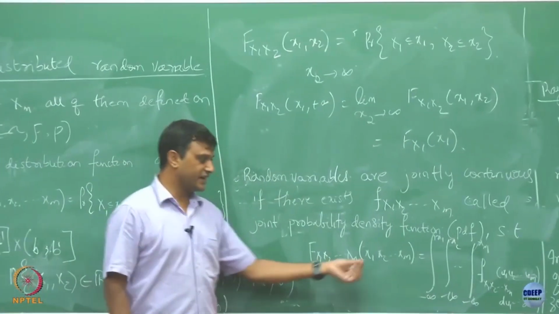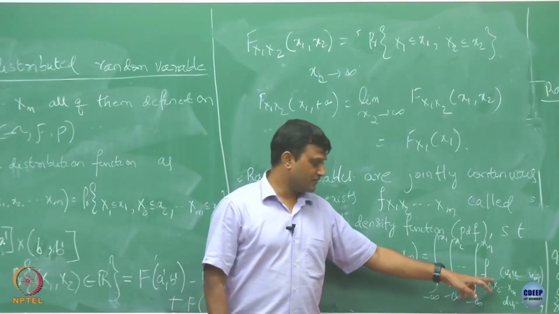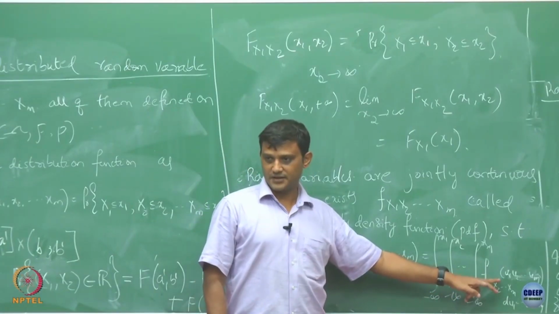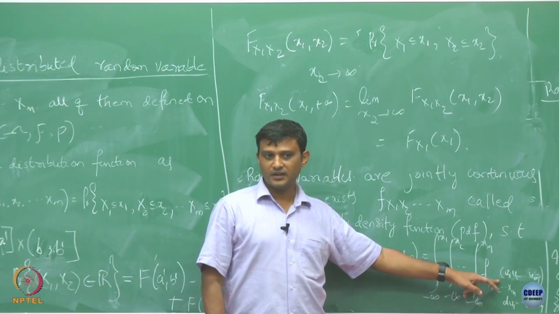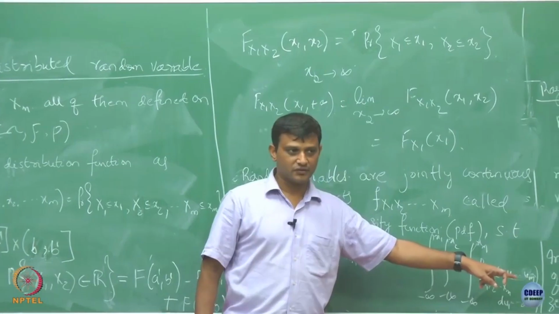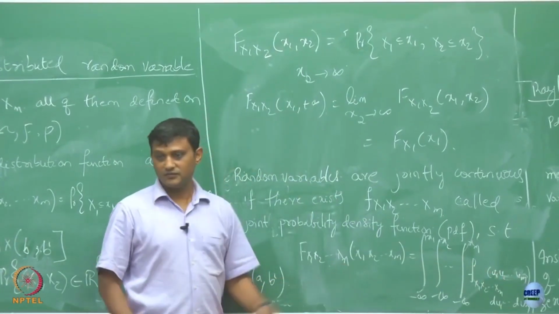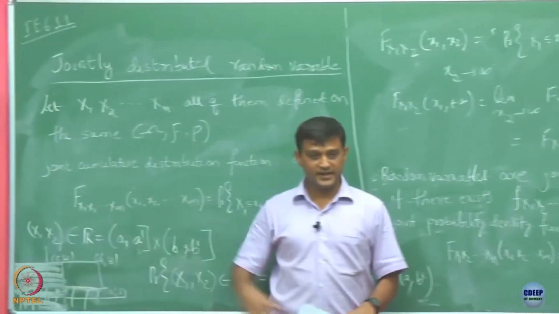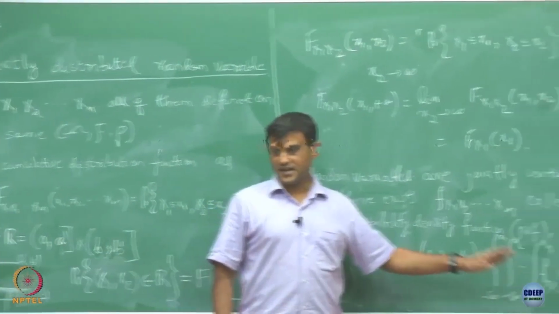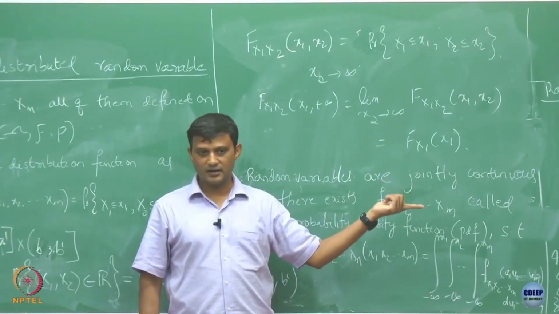We are just extending that notion to n random variables. I am calling it multivariate because it now takes n variables instead of one variable, and if I can express the joint CDF in this fashion, then I am going to call this set of random variables jointly continuous.